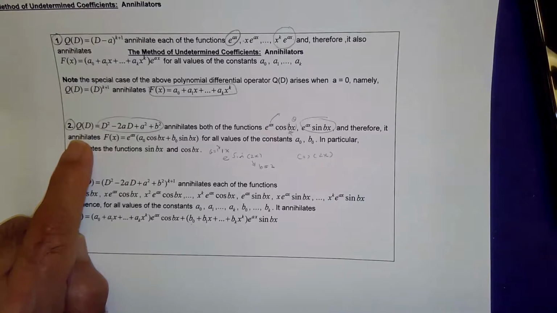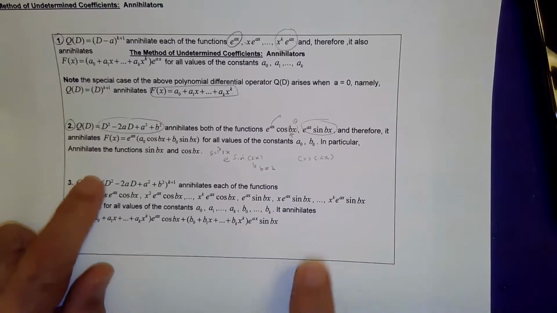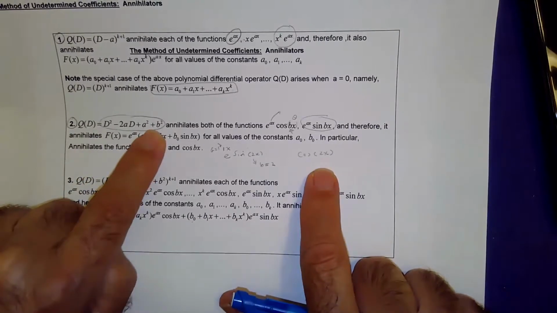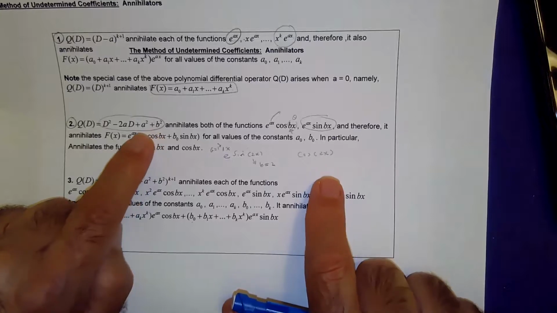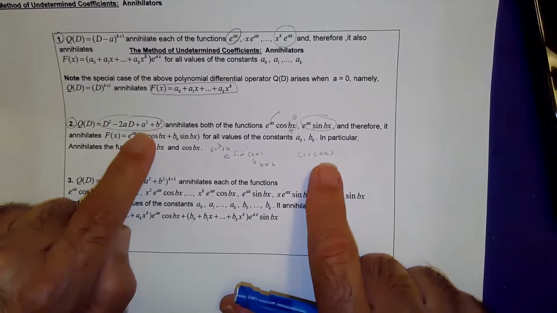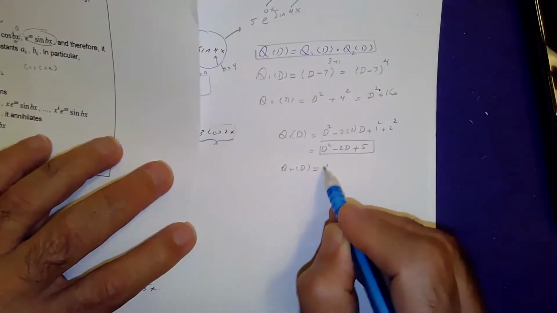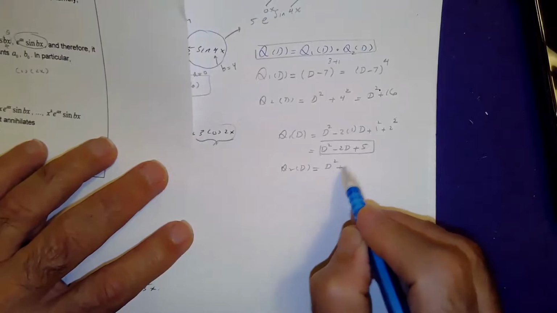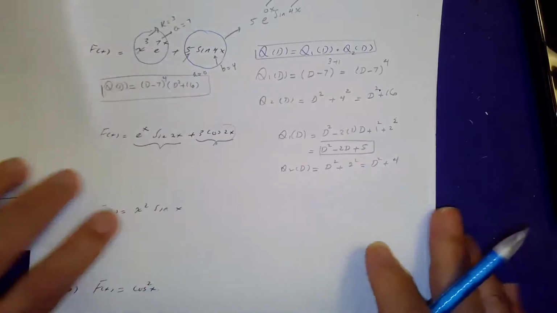It's plus 4, not minus 4, Louis, plus 4. Anytime you square something, you get plus. Even if this guy was negative, you still get plus. So Q2 is D squared plus 2 squared, which is D squared plus 4.